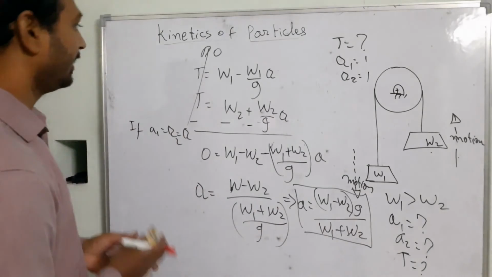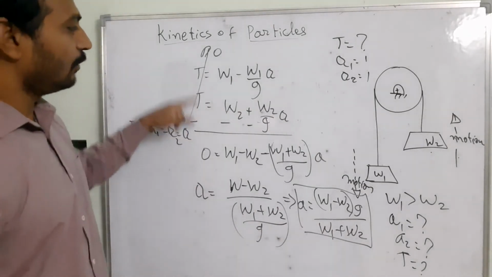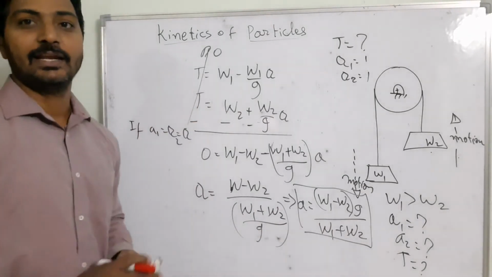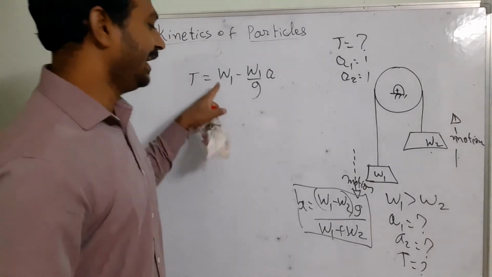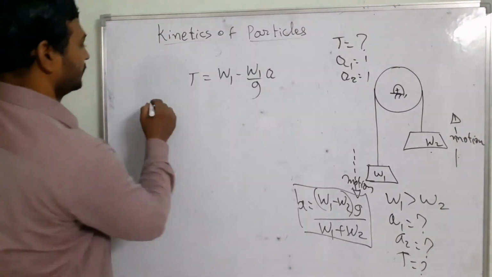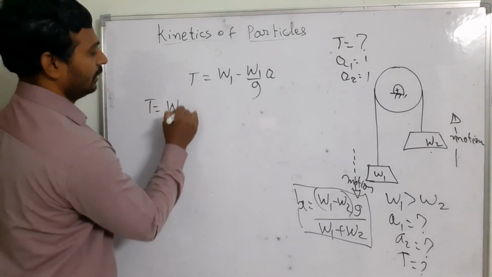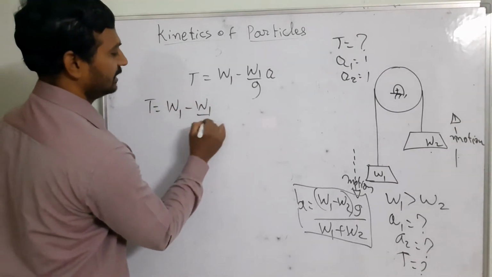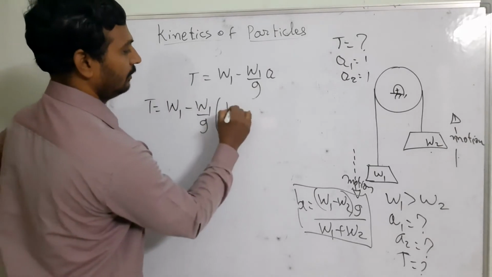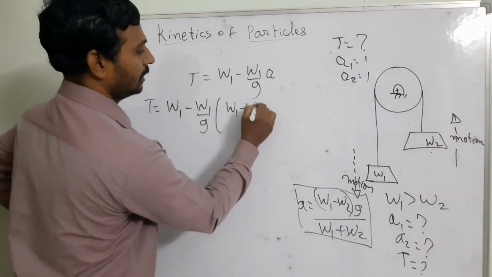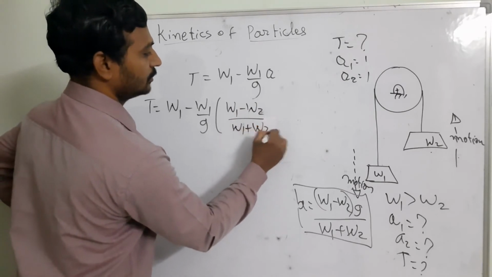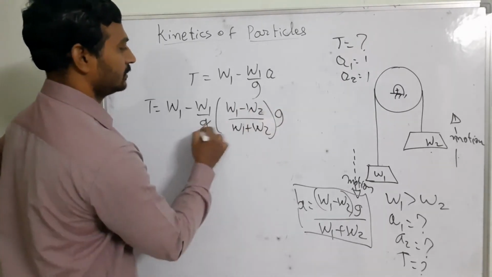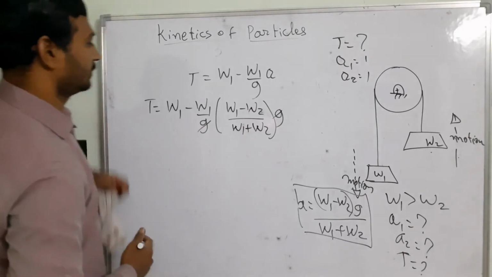Once I get this acceleration, I will substitute it in any one of these equations so that I can get the tension in the string. Now I am substituting in equation 1 over here. That's going to be T is equal to W1 minus W1 by Z into (W1 minus W2) divided by (W1 plus W2) into Z. Z is going to be cancelled out, right?